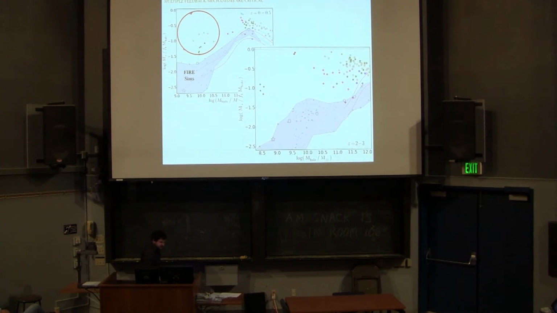And as many of us here are well familiar with, the problem got a lot worse when you went to high redshifts. So here's Z of 2 to 3 plotting the same subsets of simulations. And again, even the simulations that looked really good at Z of 0 are way up here, with way too much baryonic mass turned into stars at high redshifts. And that seems to be strongly suppressed with these new models.